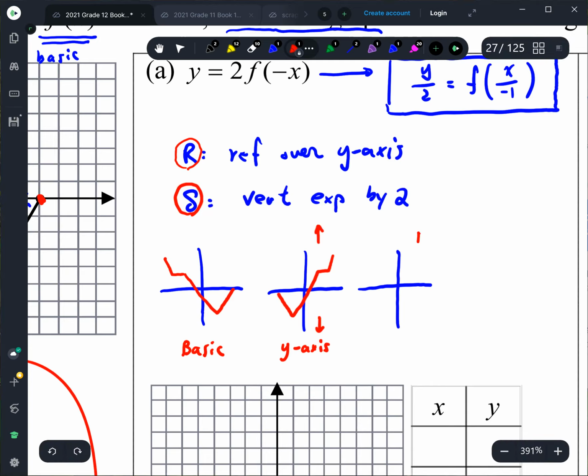We should expect something like that. 2 times taller. But the left and right doesn't get wider. It just grows taller. So we expect our final graph to look something like this.